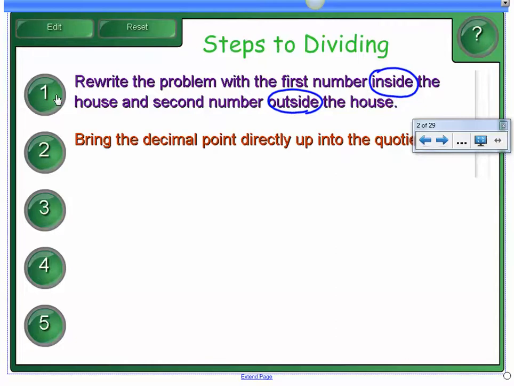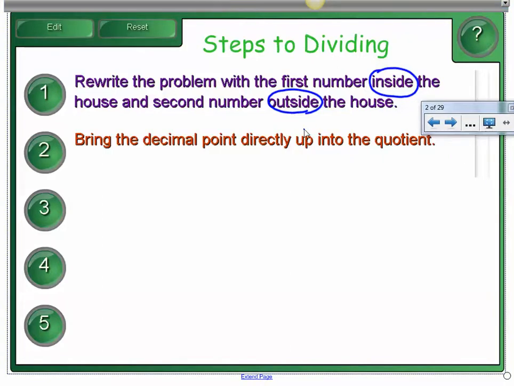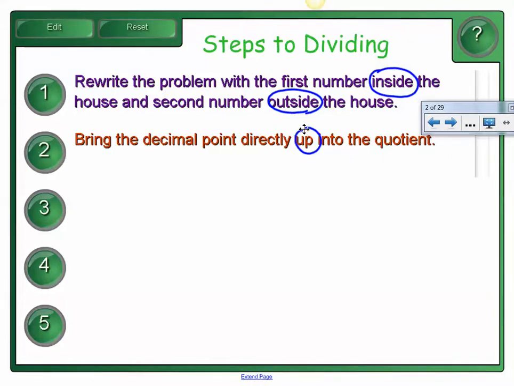Step 2, we're going to bring the decimal point directly up into the quotient. So you need to put the word up there. You're going to take the decimal point from the problem and bring it directly up into the quotient. If you don't remember, quotient is the vocabulary word that means answer to a division problem.